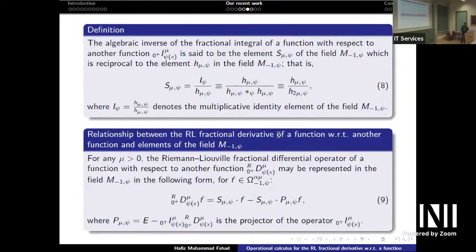Now let's try to express the Riemann Liouville fractional derivative of a function with respect to another function as a field element. Here we have this result, which says that under these conditions we have equation number 9, which is an expression for the Riemann Liouville fractional derivative of order mu of a function f with respect to a function psi. Here we have expressed this derivative as an element of the field M -1 psi.